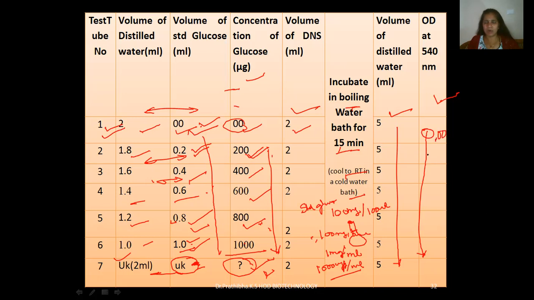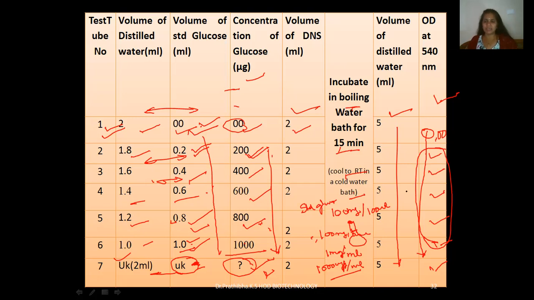For the second test tube, whatever OD you get, you'll write that. For the third test tube, you write the OD, and for the fourth, fifth and sixth test tubes also we write the OD. And the seventh one is the unknown one, that OD also you will write here. So using the second, third, fourth, fifth and sixth test tubes, we are going to plot the standard graph.